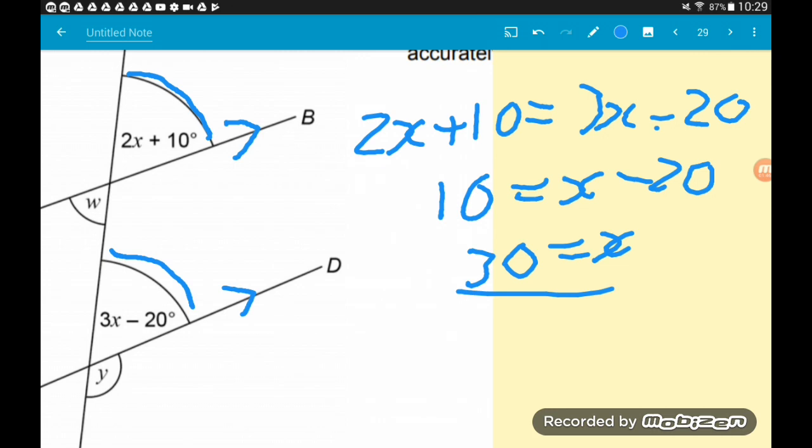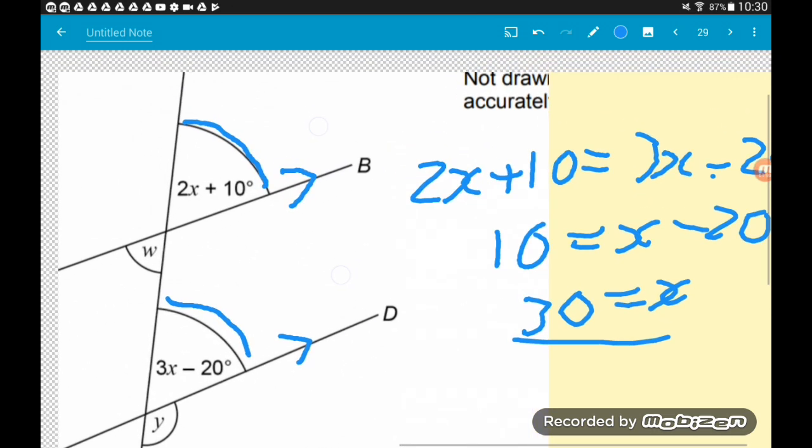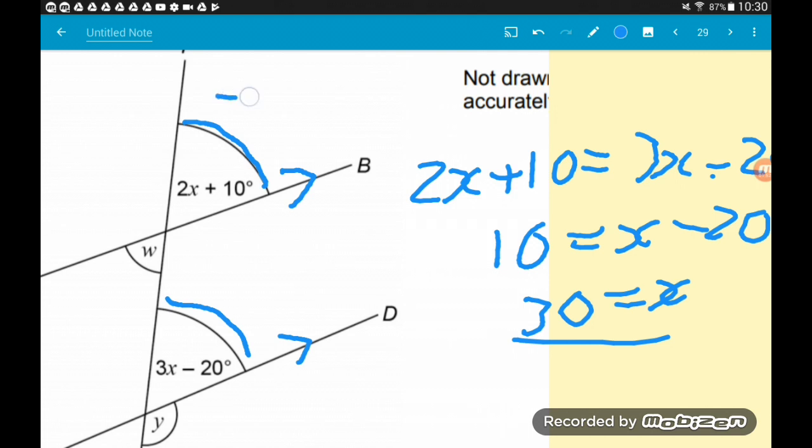So now we can work out the size of these angles. So 2 times 30 add 10 is 70 degrees. Now we know, because these angles are corresponding, that 3x minus 20 is also 70 degrees. Let's check it though. 3 times 30 is 90, minus 20 does indeed give us 70 degrees.